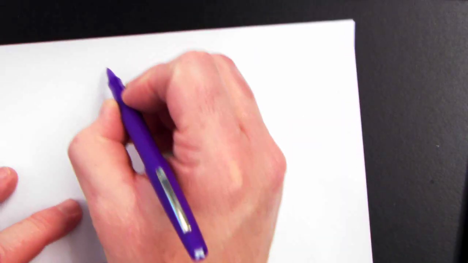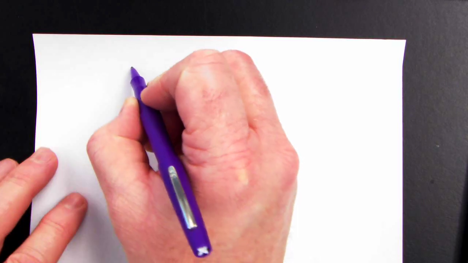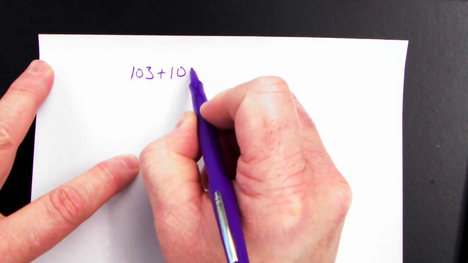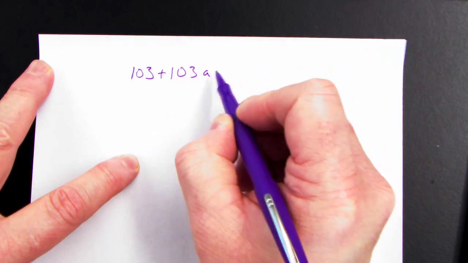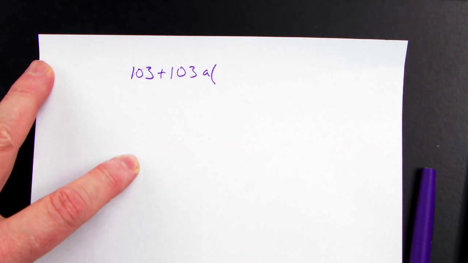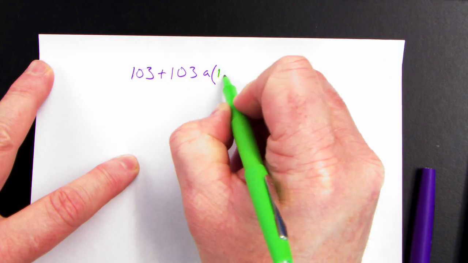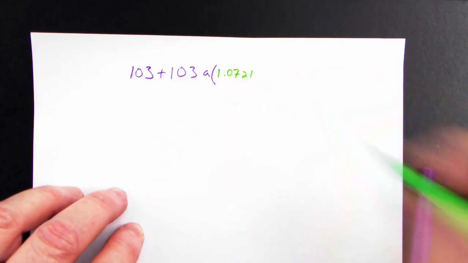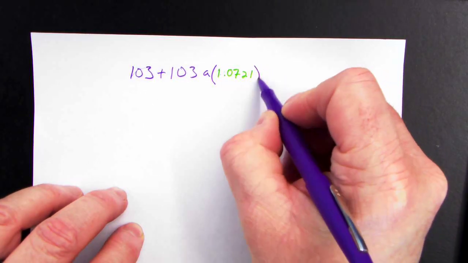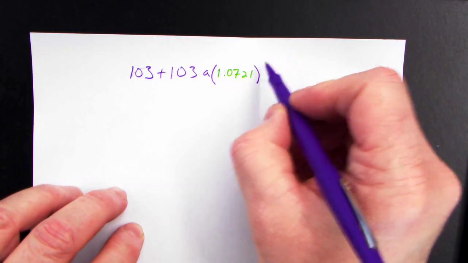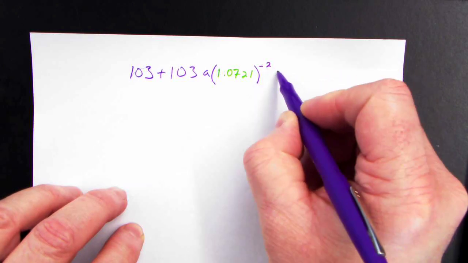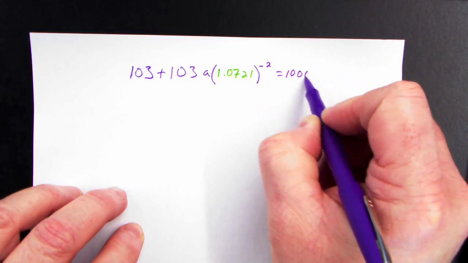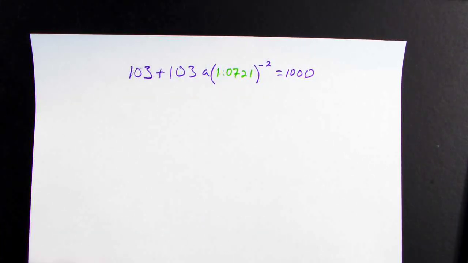So we're moving on to, let's do this. 103 plus 103a times that b value, 1.0721, raised to the negative 2 equals 1,000.